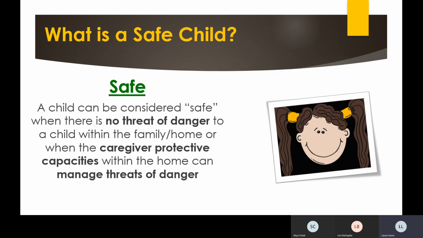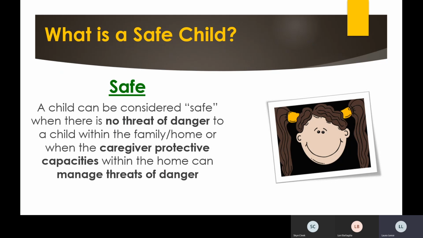Now, on the other hand, my child could also be safe if there is a danger threat. If I am going out into the parking lot and there are lots of cars driving back and forth. However, I have the protective capacities to reach over, firmly hold on to my child, make sure I'm verbalizing look both ways, make sure we are waiting on the side of the curb until the cars pass, waiting until the cars stop, waving our hands, walking by.